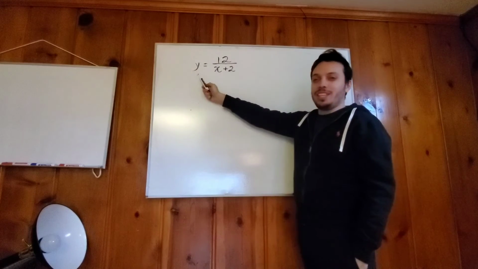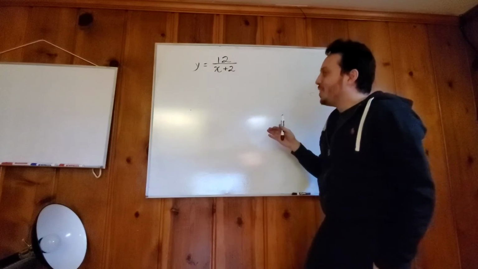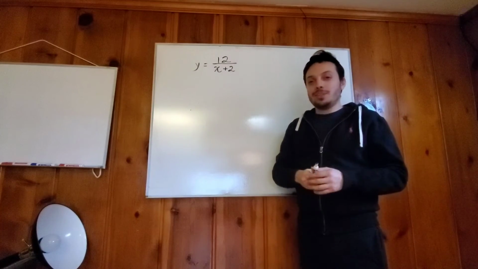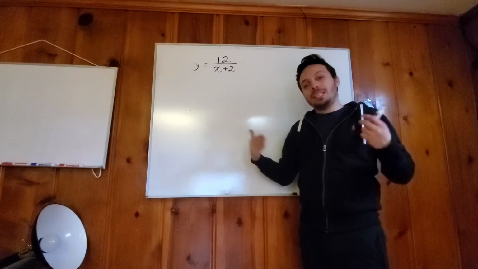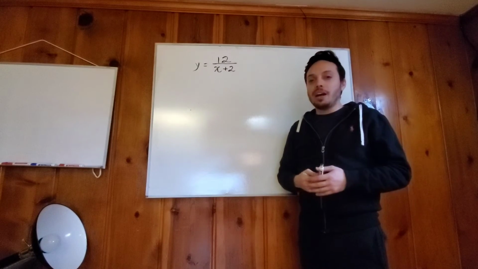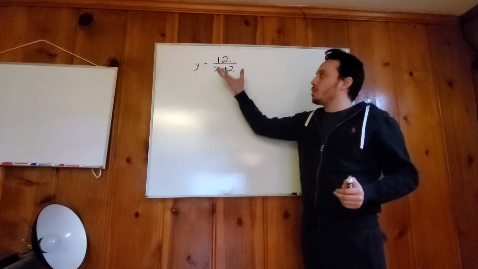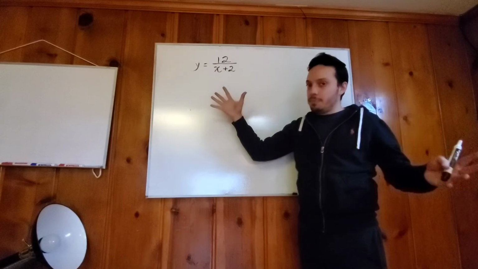Once we actually are done with this, we can understand that we cannot divide by 0. It's just not possible. It just doesn't make sense for us to be able to divide by 0. And so what happens here is that there is a value for x, because what can x be? X can be any number, right?